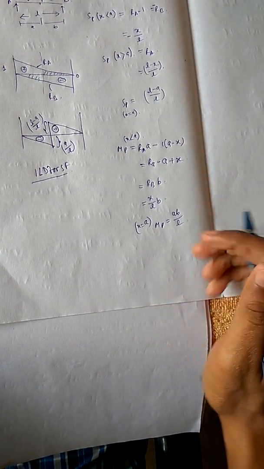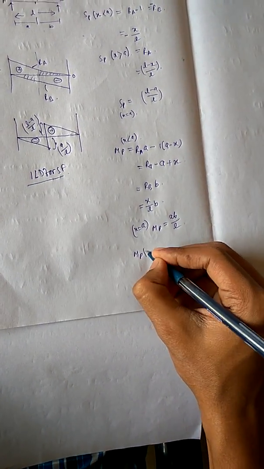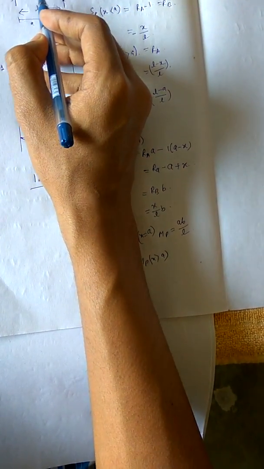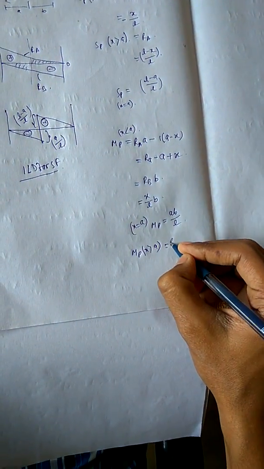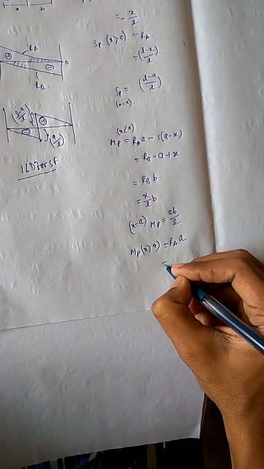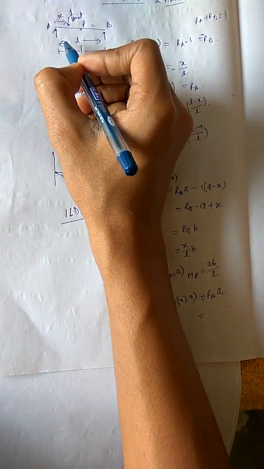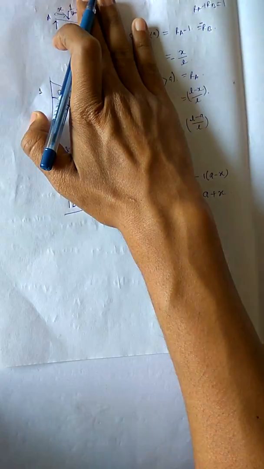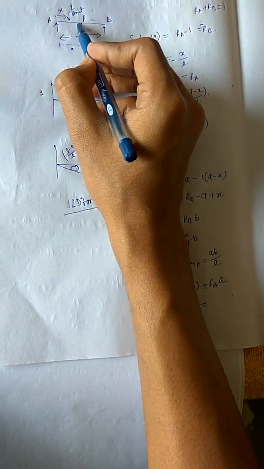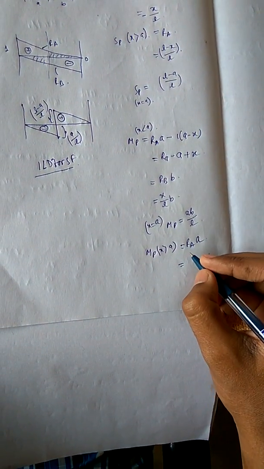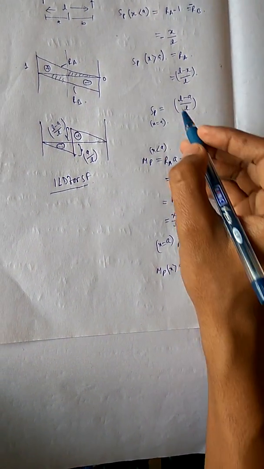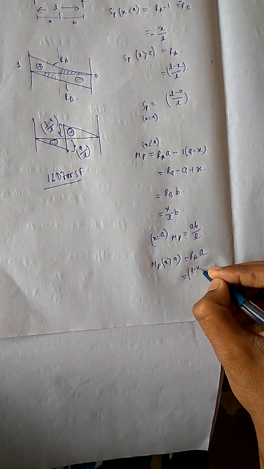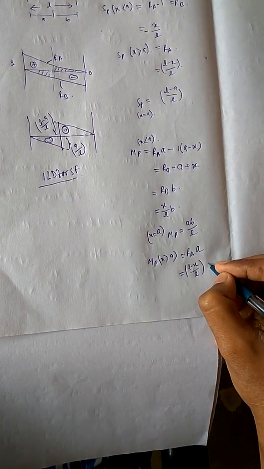And similarly, moment at P if x is greater than a: if you see this part only, the value is RA into a. We know the value of RA, that is L minus x by L, into a.